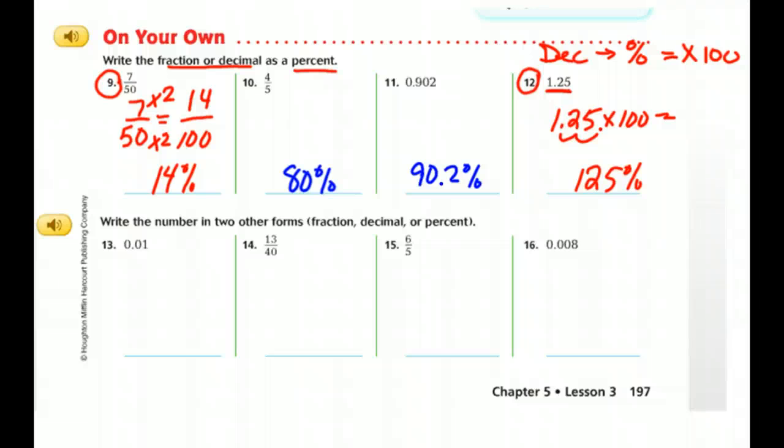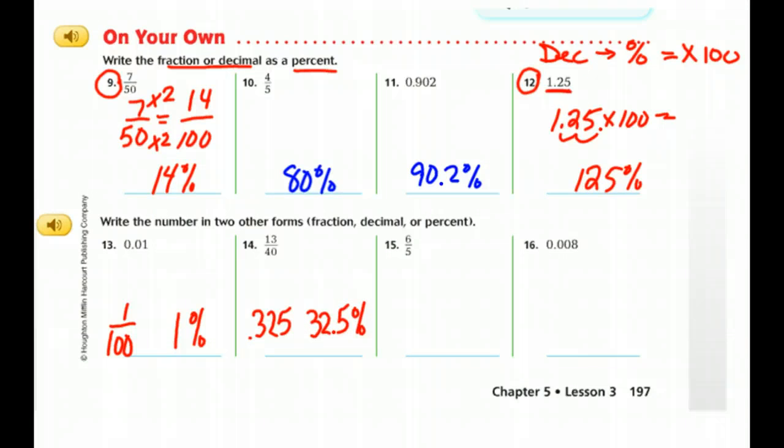The answers for question 13 as a fraction was 1/100th, and then as a percent was 1%. Question 14 as a decimal was 0.325. As a percent, it was 32.5%.